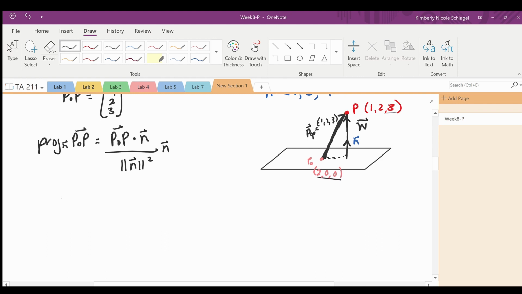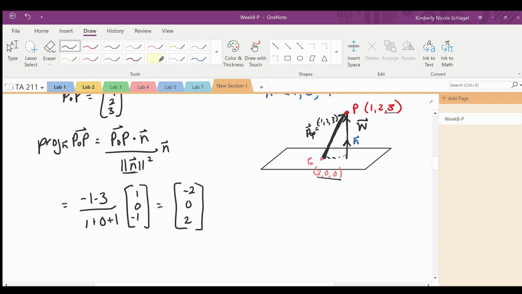So this equals (-1 minus 3) over (1 plus 0 plus 1), once we figure out the dot product and the length, multiplied by our normal vector, and this gives us (-2, 0, 2).